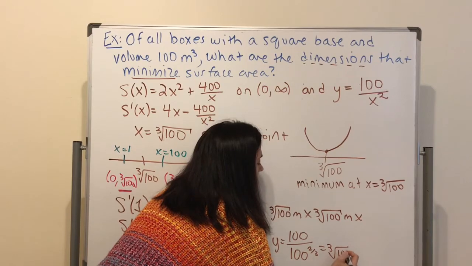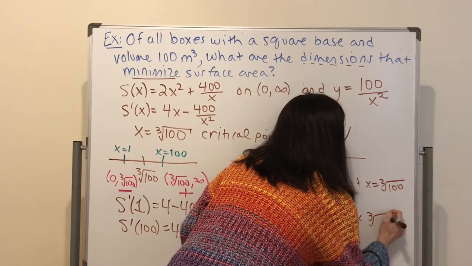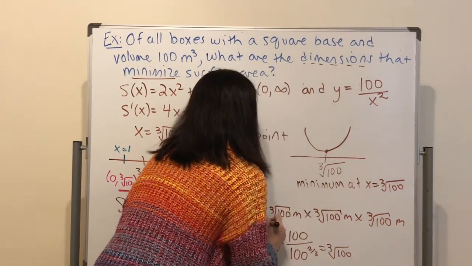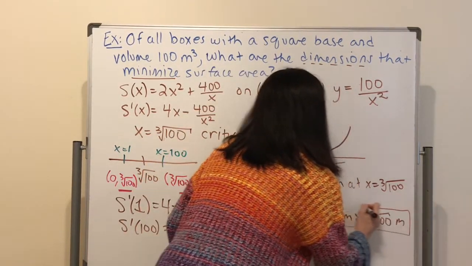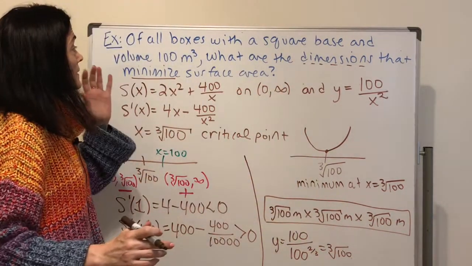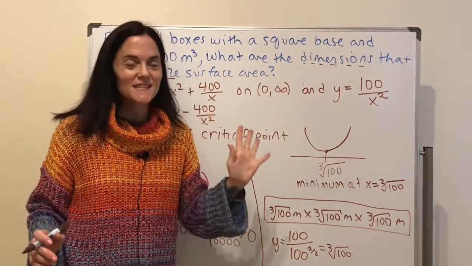It is also cube root of 100. So this would be by cube root of 100 meters. And this is our final answer. It's the dimensions of this box that will minimize surface area.